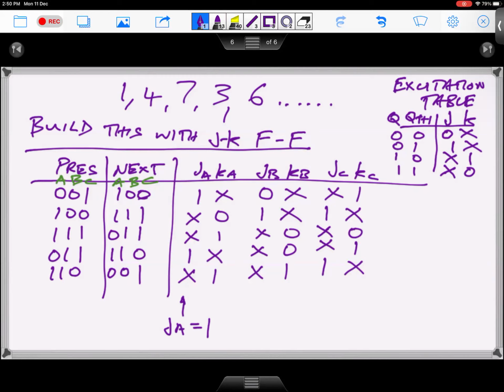He can be a 1 or a 0. He can be whatever we want. In fact, he doesn't care what he is at all. So we can make those x's 1, and that one will become all 1. So just in case you accuse me of not writing well, I want to make that perfectly plain that JA is 1. We also have a 1 here on JC.